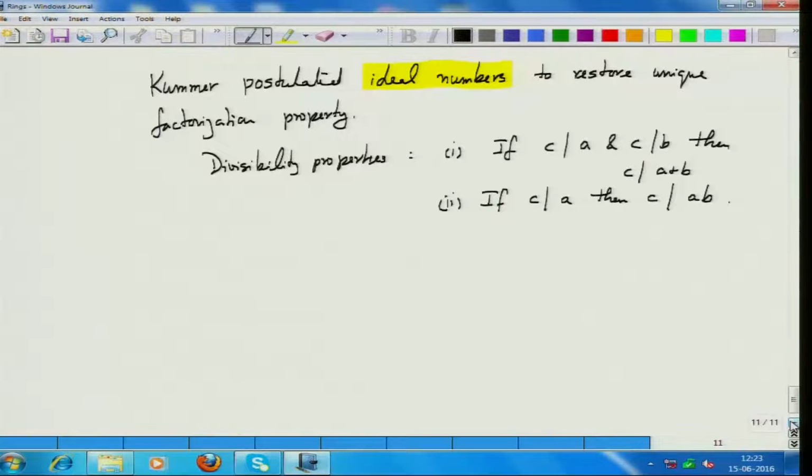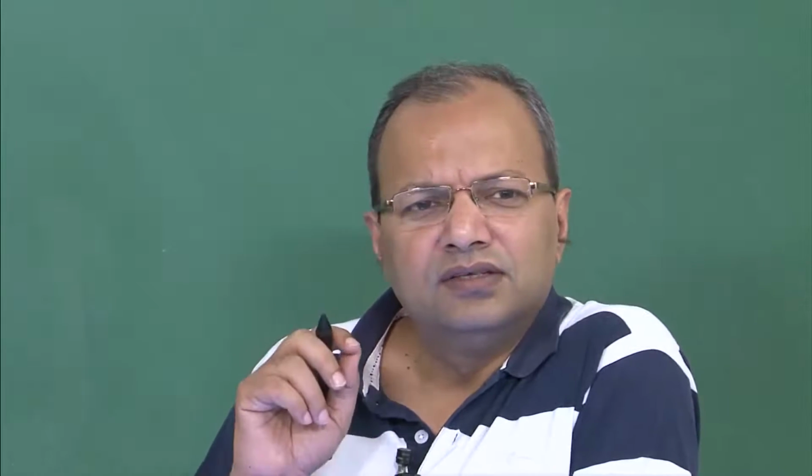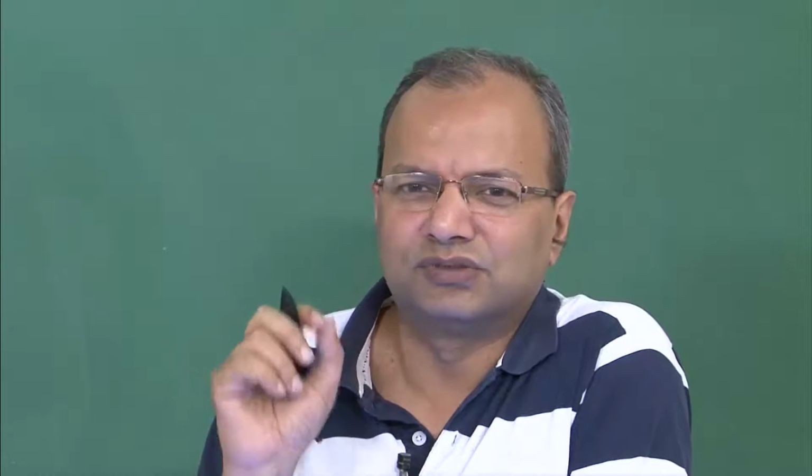Now after Kummer, another mathematician, also very famous, Dedekind. I'm sure you may have heard of his name. Dedekind made a simple change of perspective. And with that simple change of perspective, he could very nicely set the whole thing up.